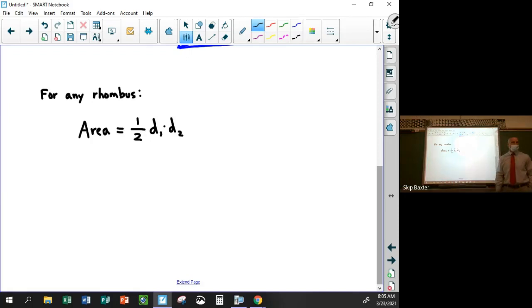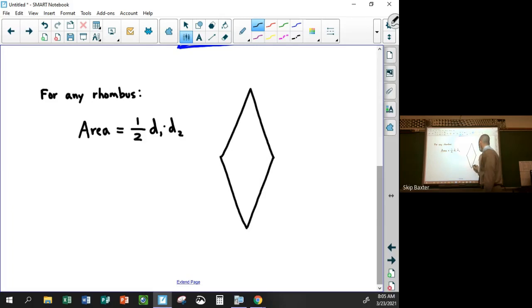And d1 and d2 are the lengths of the diagonals. So if I draw a rhombus here, and I draw in both diagonals, okay, d1 would be the length of one of the diagonals, like this. d2 would be the length of the other diagonal, this.